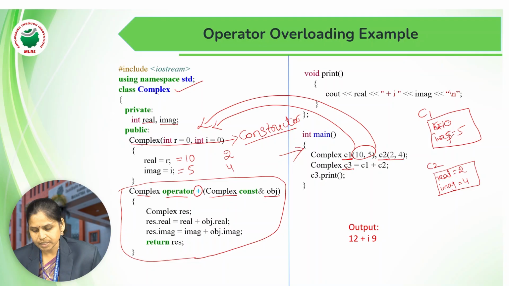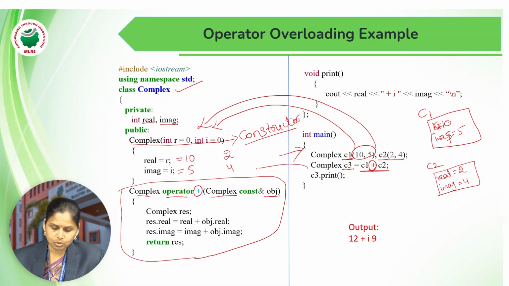Here object C3 equal to C1 plus C2. C1 and C2 are objects, and here we are calling the operator function. When this statement is executed, the compiler automatically goes to this function and verifies the return type and the symbol.